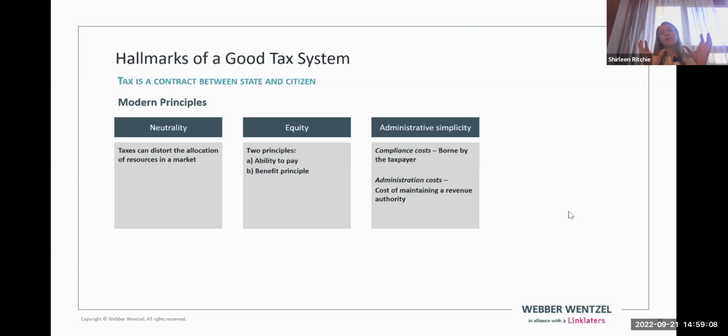So there has to be a balance. We can't over-engineer compliance so the taxpayers essentially just walk away, but we also have to be sure that the revenue authorities get the right information in the right and usable format. Also have the administration costs, or the costs of running the actual revenue authority.